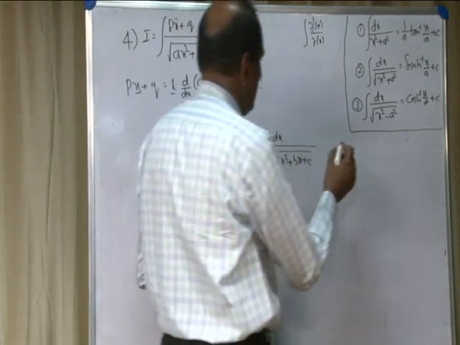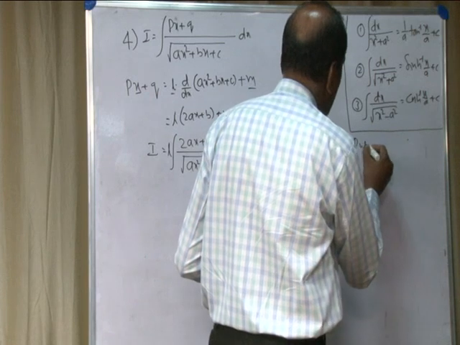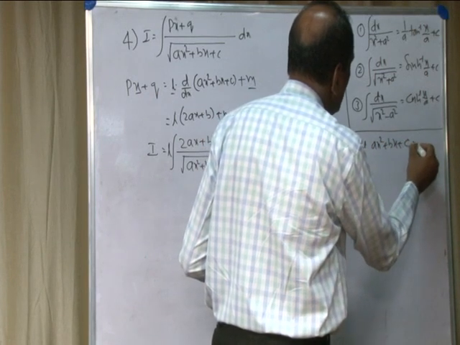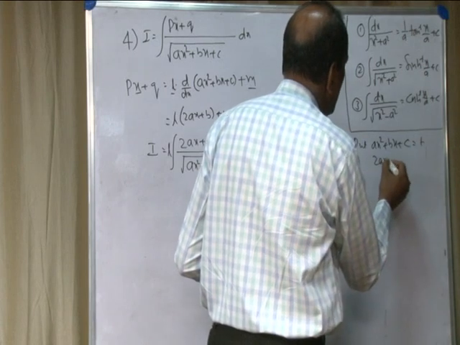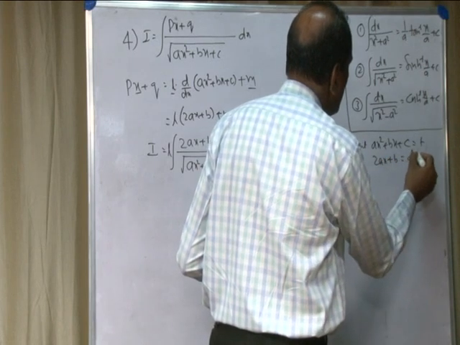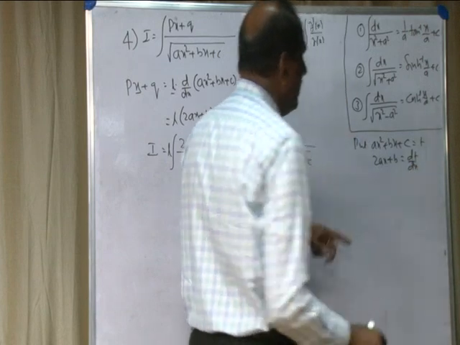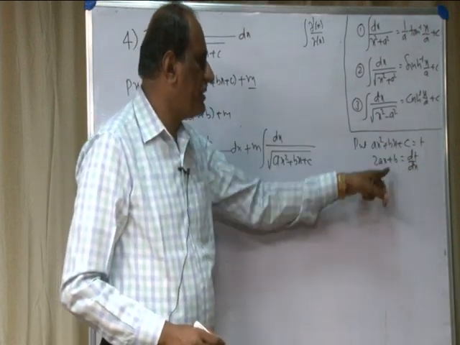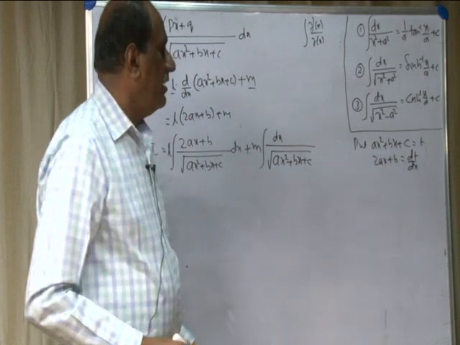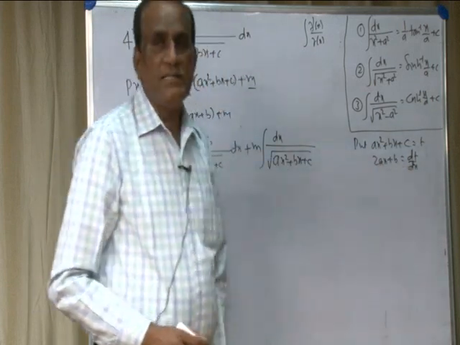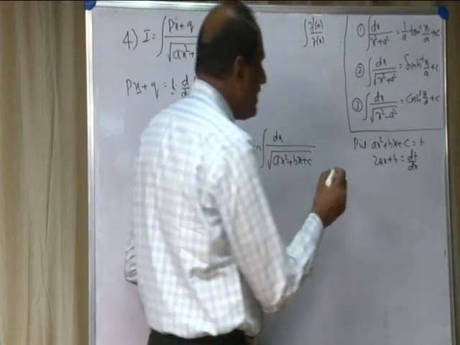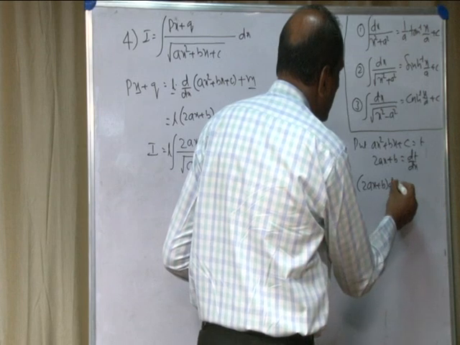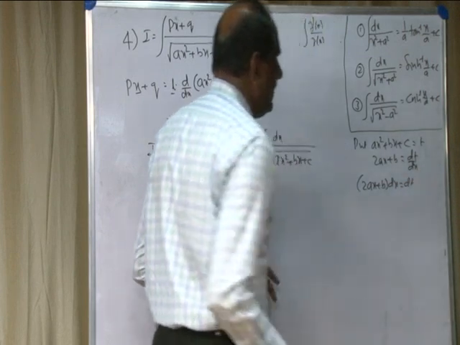In this case, put ax² + bx + c equal to t, so 2ax + b equals dt by dx. In the previous case also I explained that the derivative of ax² + bx + c is 2ax + b. The derivative of t with respect to x is dt by dx. Cross multiplication gives (2ax + b) dx equal to dt.